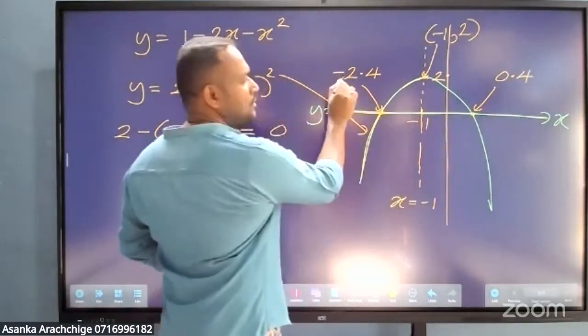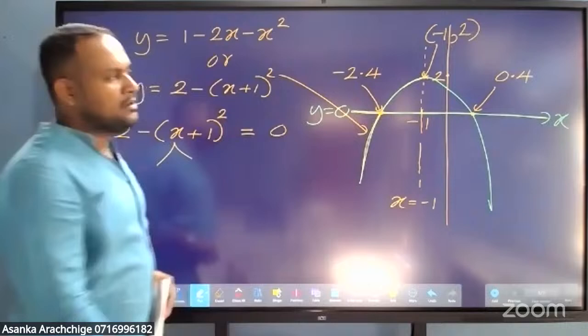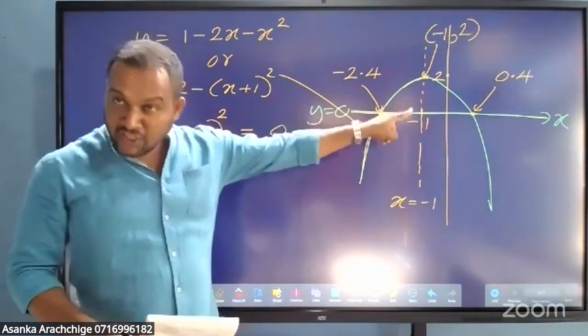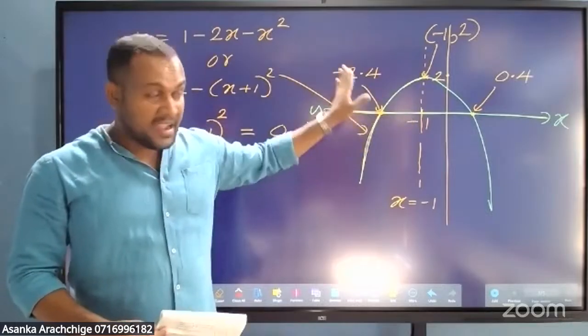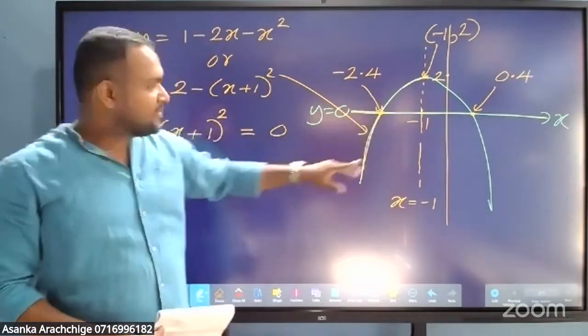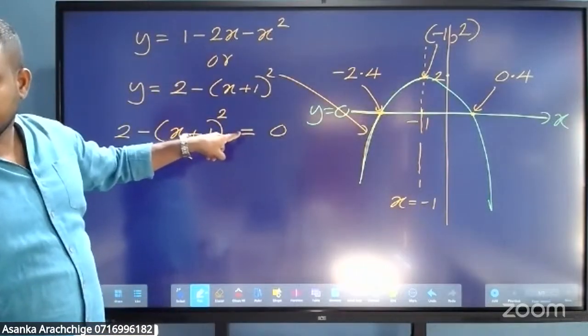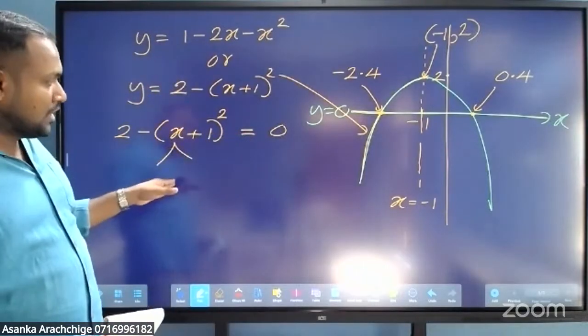What are they? Minus 2.4 and 0.4. They are the actual roots of this quadratic equation. Understood? They are the actual roots.